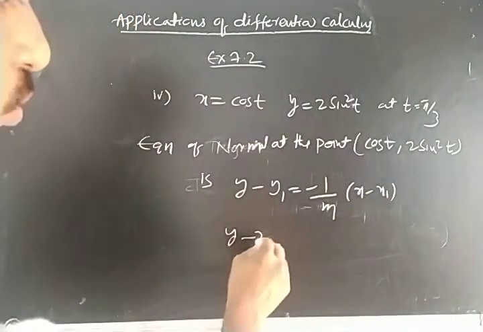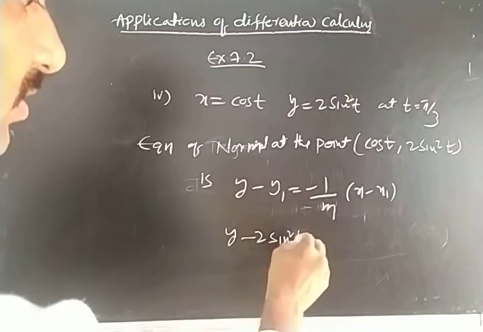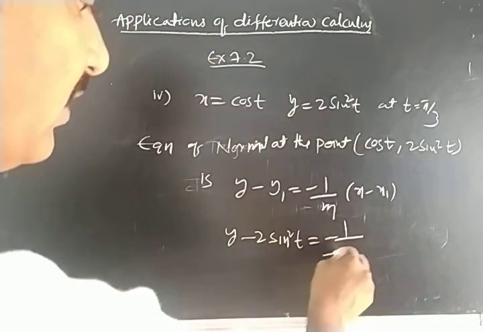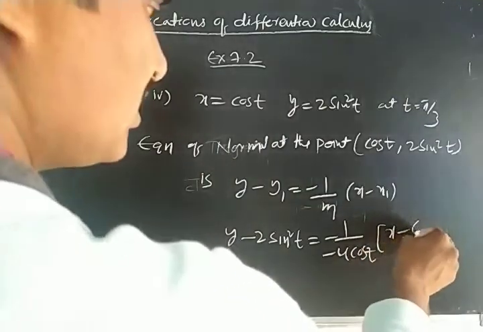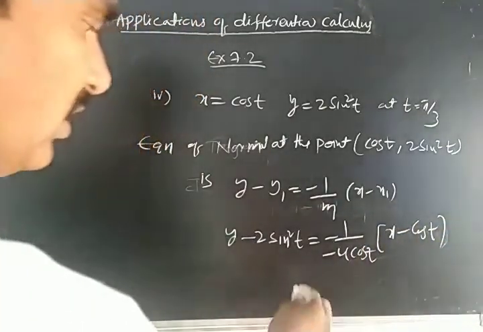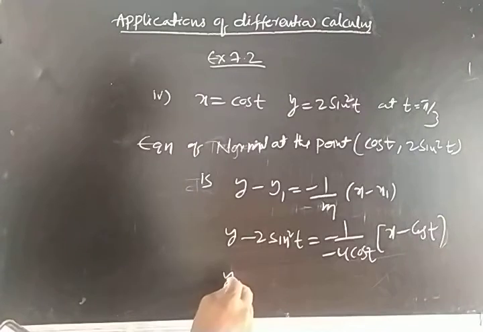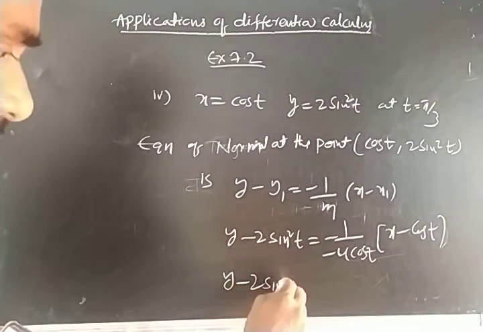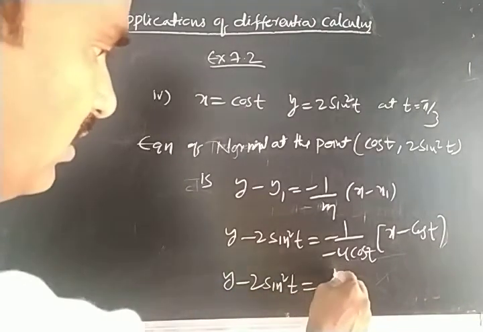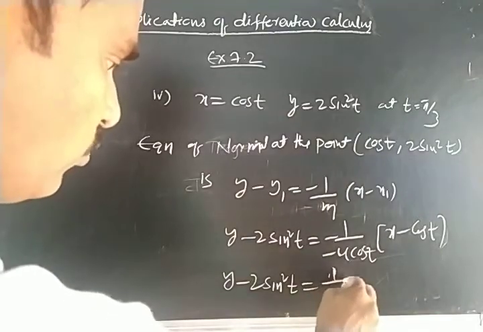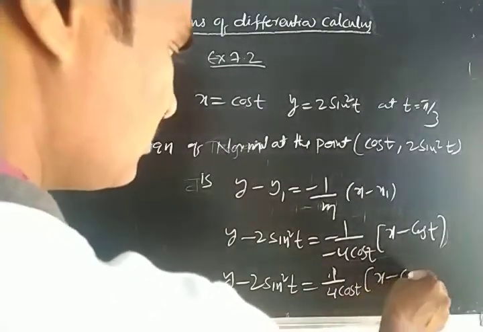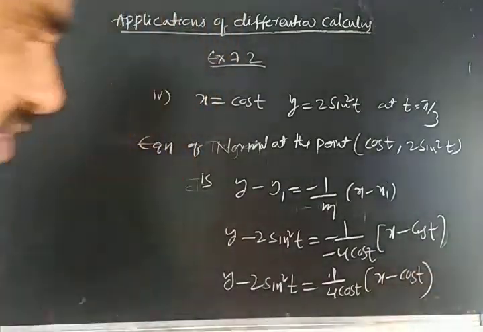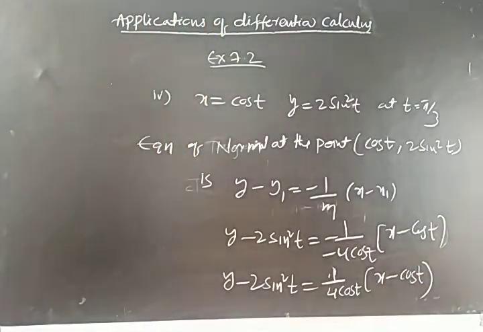Y minus y1, that is 2 sin square t, equals minus 1 by minus 4 cos t into x minus x1, that is x minus cos t. Okay, minus cancels. So y minus 2 sin square t is equal to 1 by 4 cos t into x minus cos t. So this is the equation of normal. Okay, if you want to simplify, you can simplify.